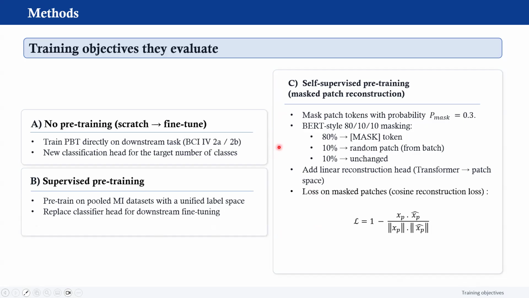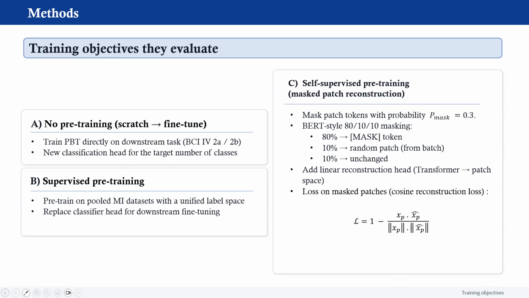And the third one that they have looked at is self-supervised pre-training. For this approach, this is essentially what BERT also followed. So they use randomly masking tokens and reconstructing them.